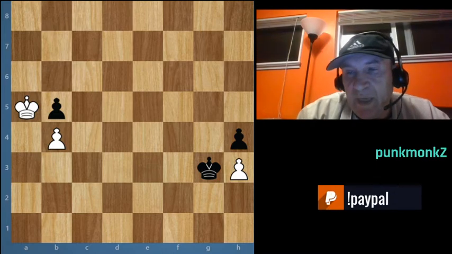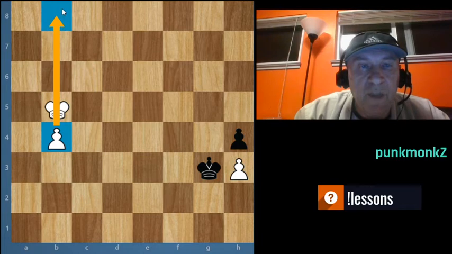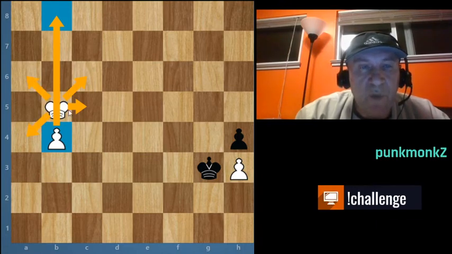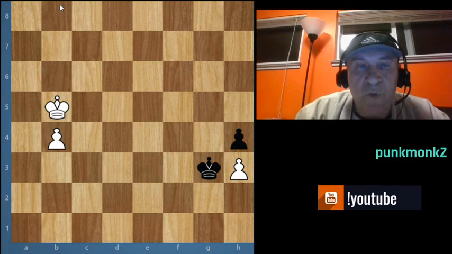By taking here, you get a pass pawn, but you need to clear the pass pawn by getting out of the way. There are ways of getting out of the way. Which way do you go in order for the pawn to go through? That's another important decision. Now we know two things.